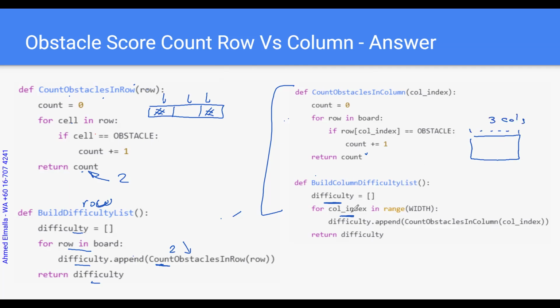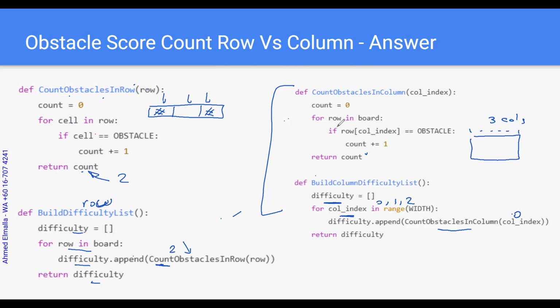So you'll find that our column index starts from 0, 1, 2 here. So this is in total 3 columns, okay? So for every one of those, we will call count obstacles in column, and we will pass it the index. So one time we will pass it 0, second time we'll pass it 1, third time we'll pass it 2.